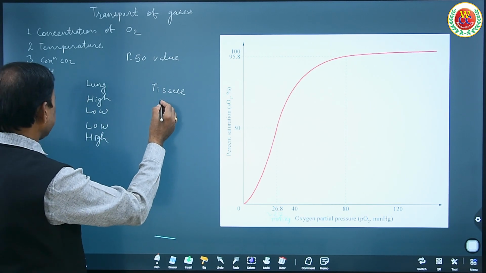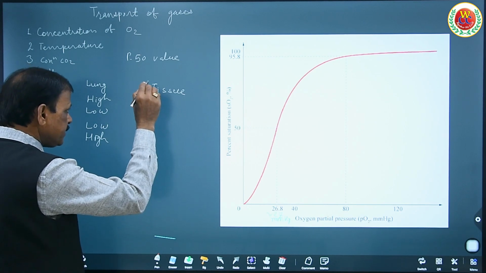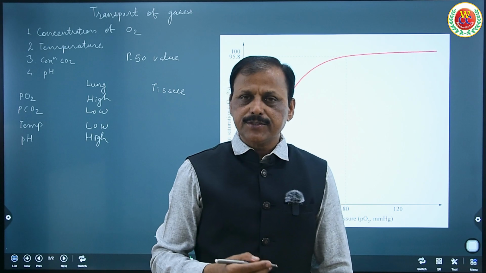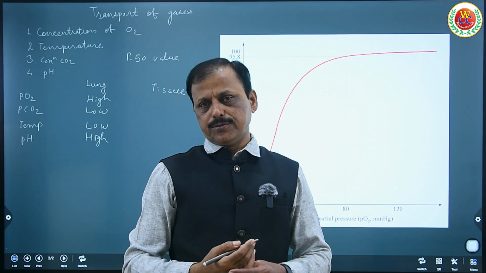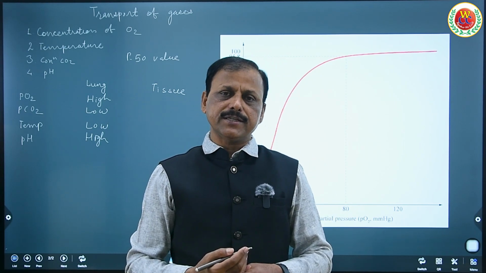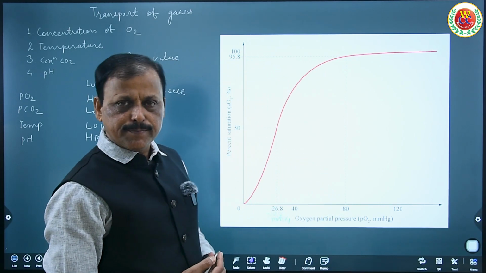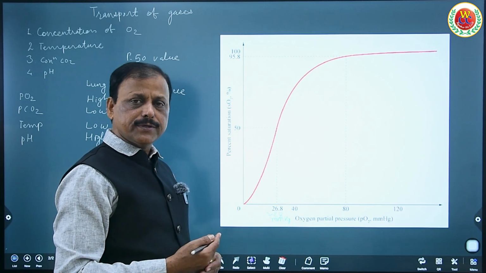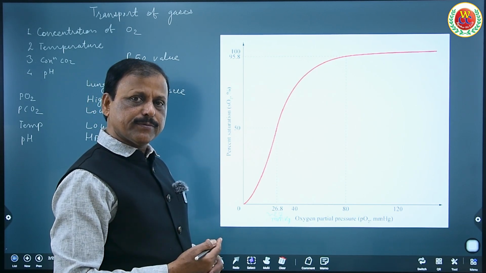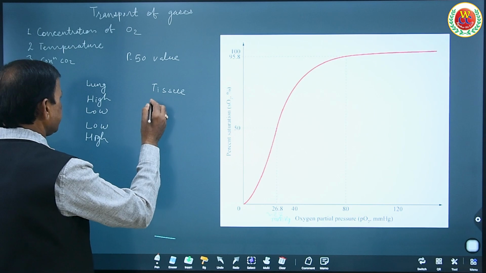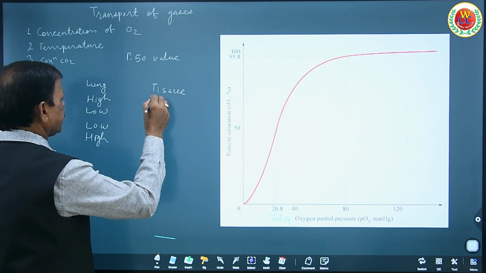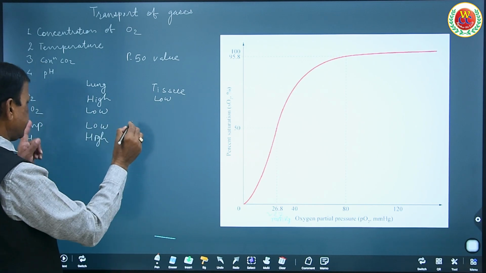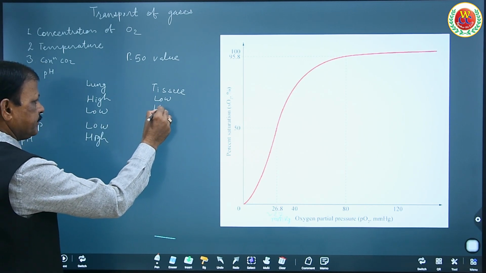Opposite to this, at the site of tissue, since the process of respiration is going on, oxygen is continuously used to oxidize carbohydrate and produce energy. Therefore, in tissue, the partial pressure of oxygen is low, and carbon dioxide is a byproduct of respiration, so PCO2, the partial pressure of carbon dioxide, is high.